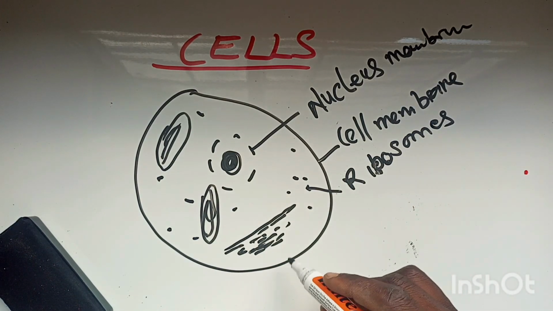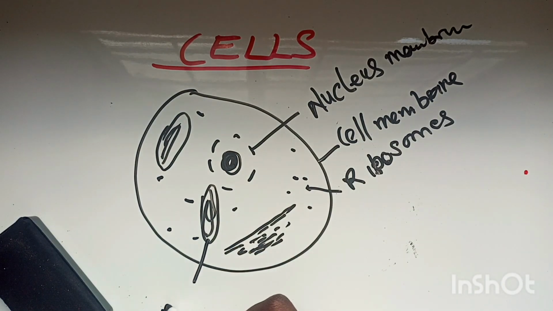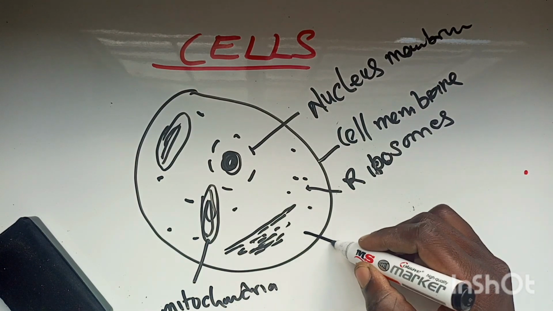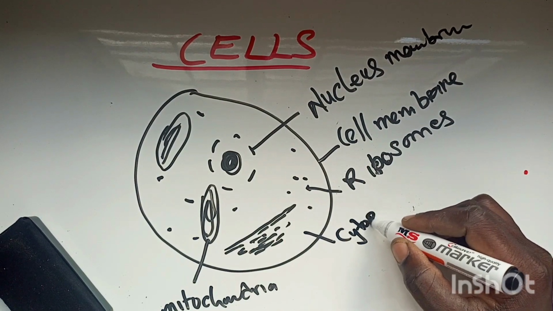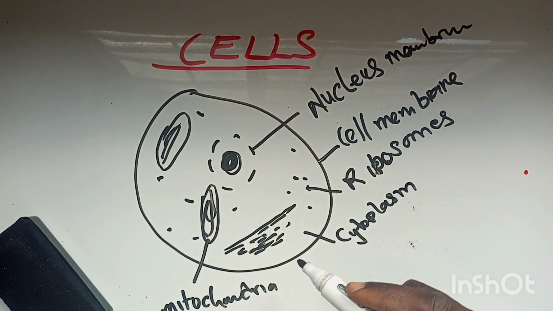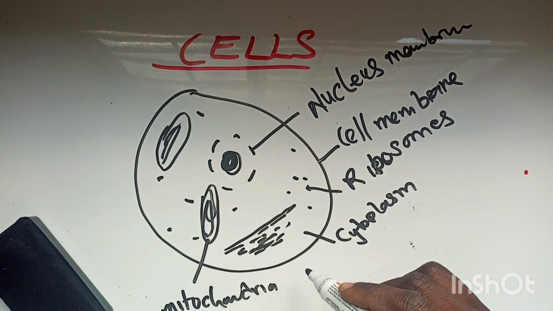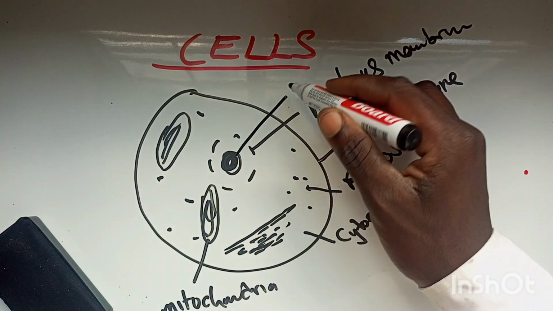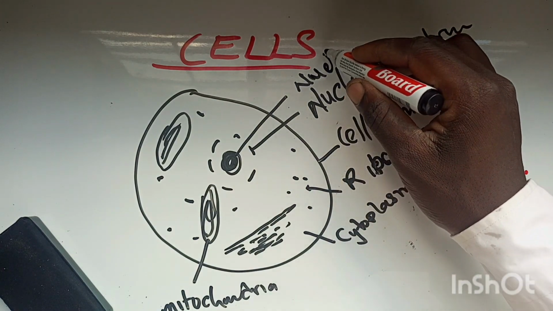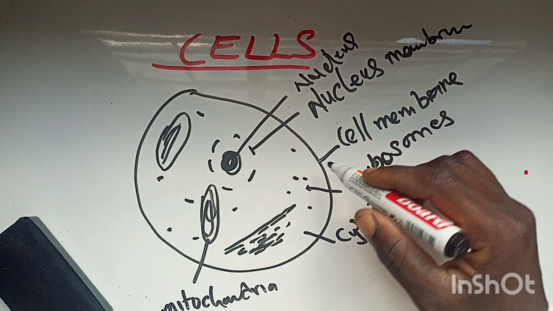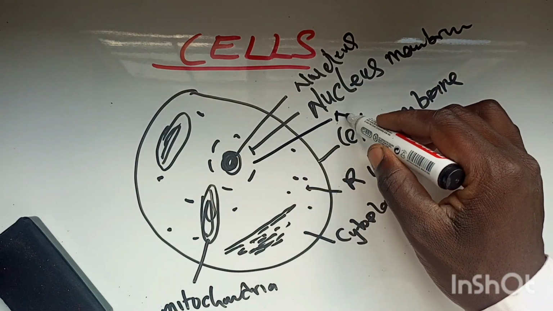Okay, we have the mitochondrion. Mitochondria. We have the cytoplasm. We also have the nucleus itself. This is a nuclear pole.